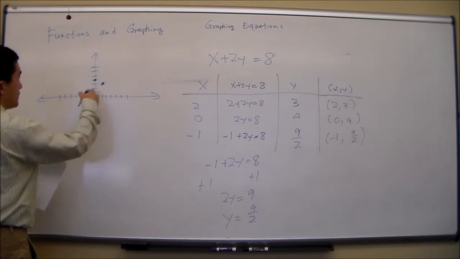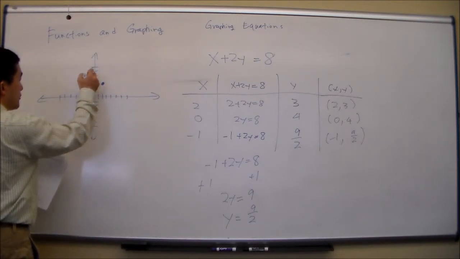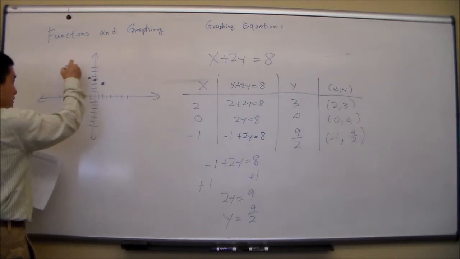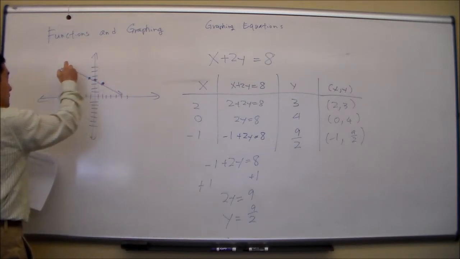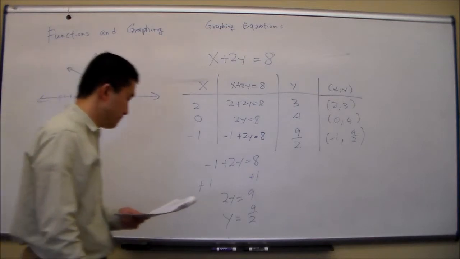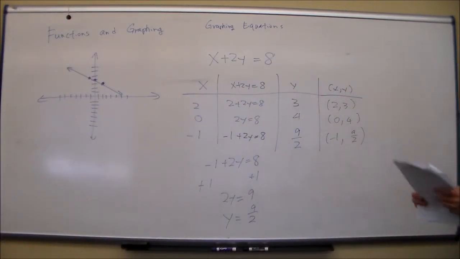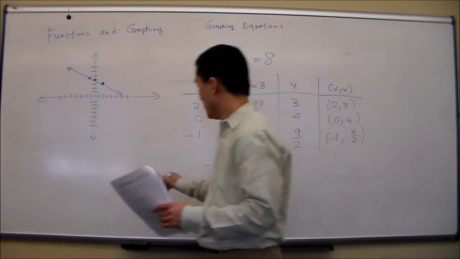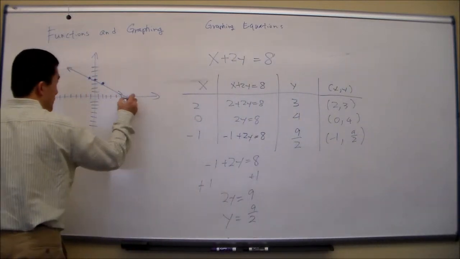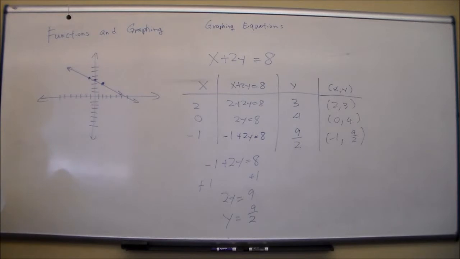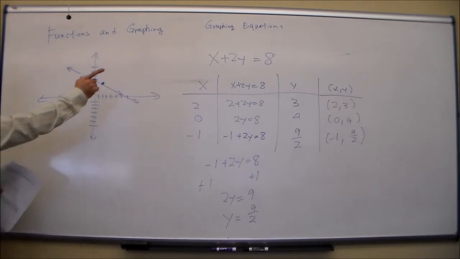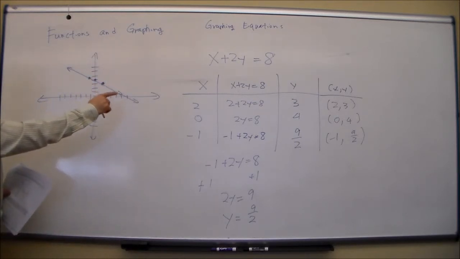Negative 1 and then somewhere over here, somewhere between 4 and 5. So yes, it looks like it's right. So there's your graph there. So if I expand this a little bit, this is a graph of x plus 2y is equal to 8.